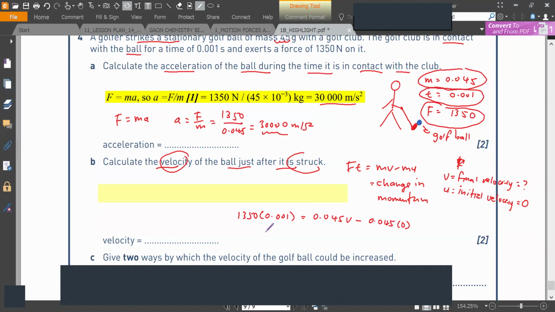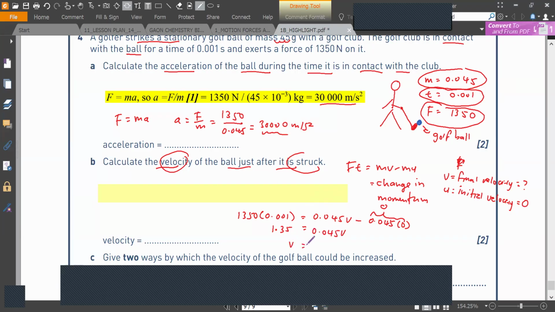This gives us 1.35, and the second part goes to 0, so we have 0.045 v.